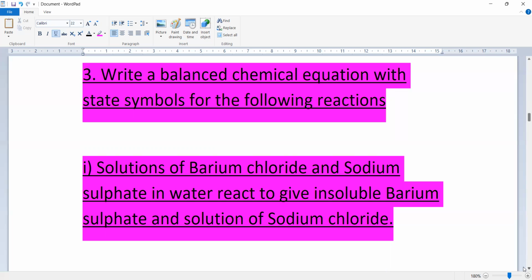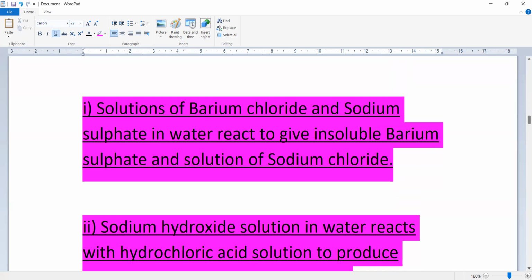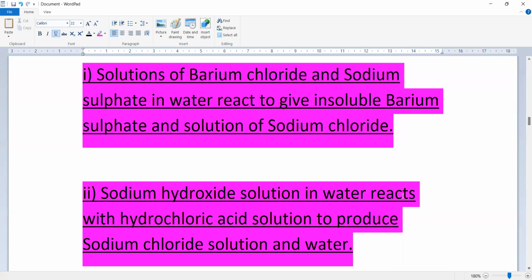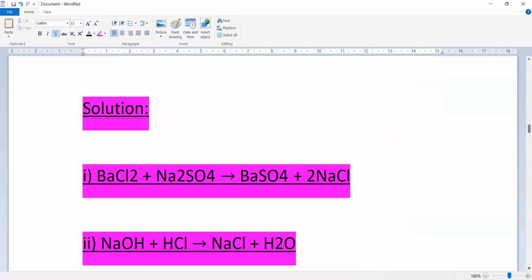First: solutions of barium chloride and sodium sulfate in water react to give insoluble barium sulfate and a solution of sodium chloride. Answer: barium chloride BaCl2, sodium sulfate Na2SO4, gives insoluble BaSO4 plus NaCl. Here Na is 2 times, therefore write 2, and the reaction is balanced.